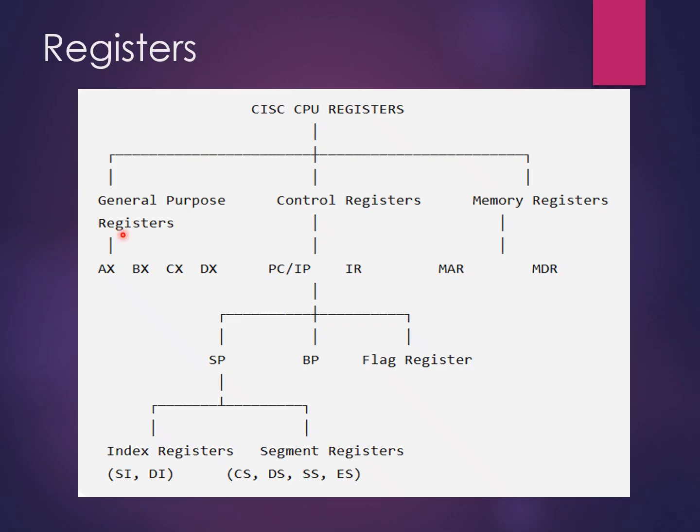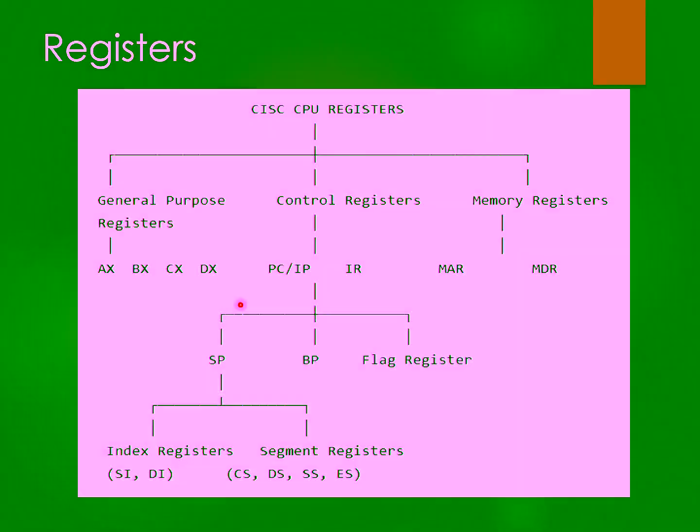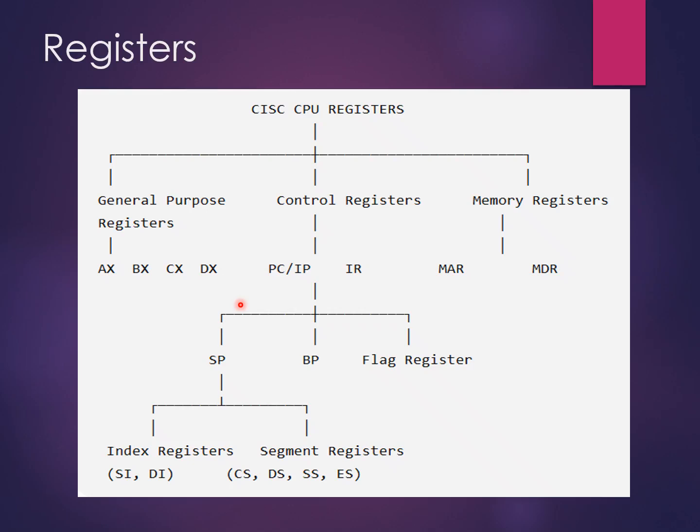General purpose registers include AX, BX, CX, and DX. AX and BX are examples in the Intel 8086 processor. They are used to store general and temporary data. Then control registers include PC, IP, or port ID.